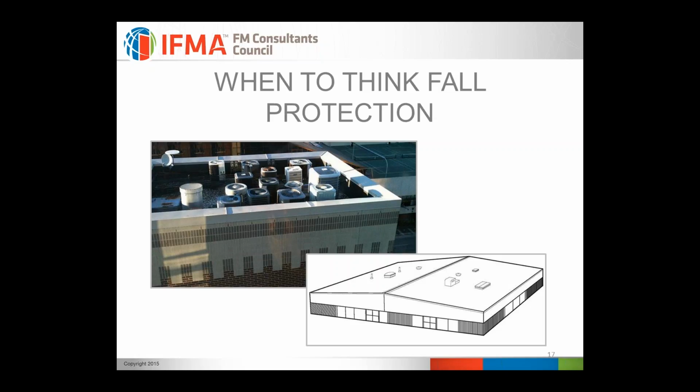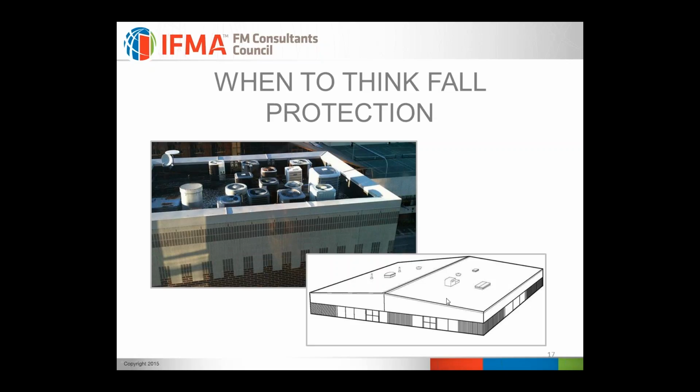And what was done from a safety standpoint, whether that was intentional or not, we don't really know, and I suspect it was really unintentional, is you can see on this building there's a fairly high parapet. So now anybody working on those air handlers doesn't need to do anything to protect themselves from falling over the edge. I can't quite tell if it's technically guardrail height, but certainly from a risk standpoint, the risk of falling over that large parapet is fairly small.